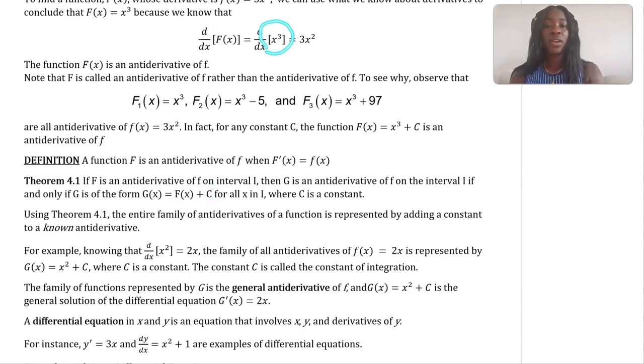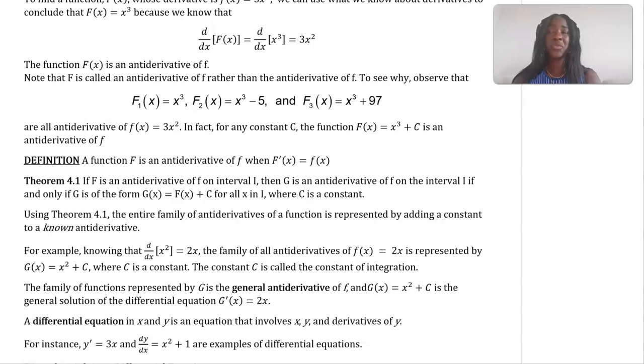We found x cubed to be the first antiderivative that we happened upon. And then I just started adding constants. Here I added the constant negative 5. Here I added the constant positive 97, and I still had more antiderivatives for that function. So that's what Theorem 4.1 says.